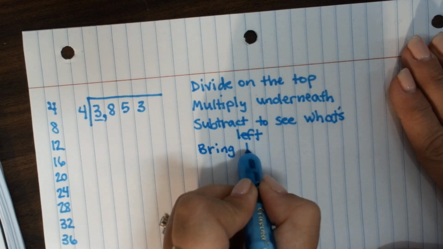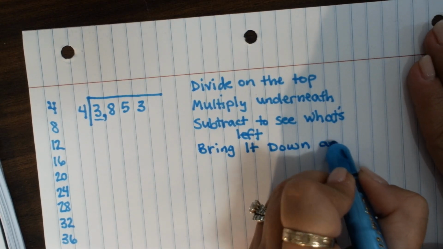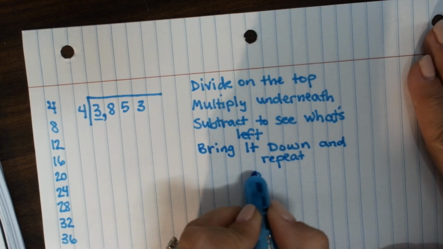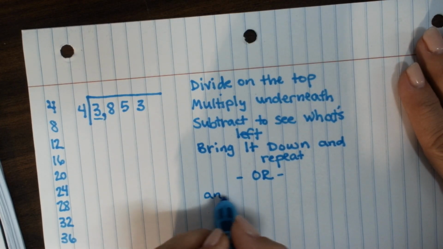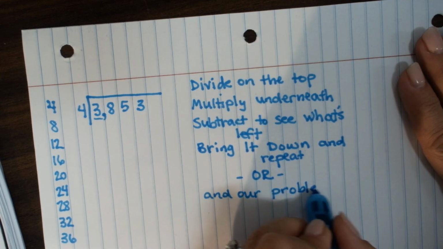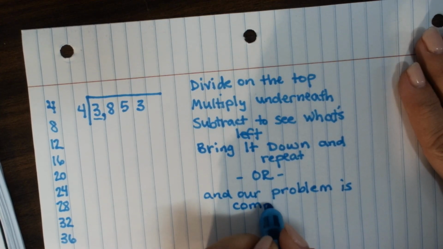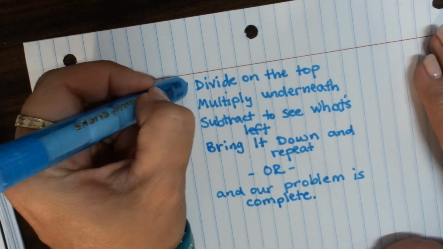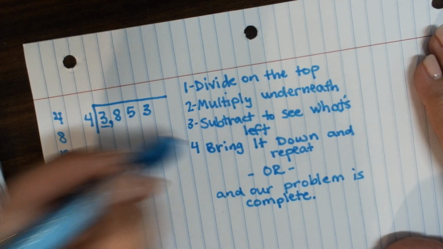I want to talk about these steps as we go. Now, it's either bring it down and repeat, or you may be at a spot of saying, or, and our problem is complete. Okay, so these are going to be our steps. We've got 1, 2, 3, 4.